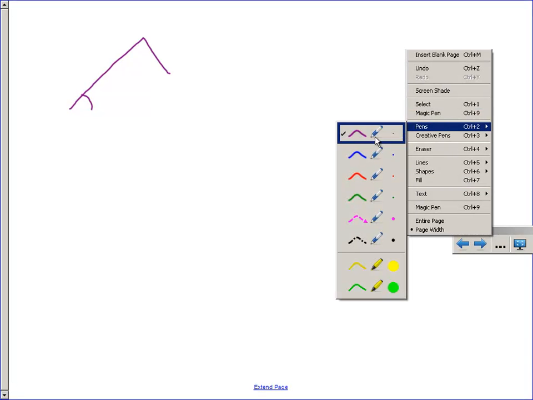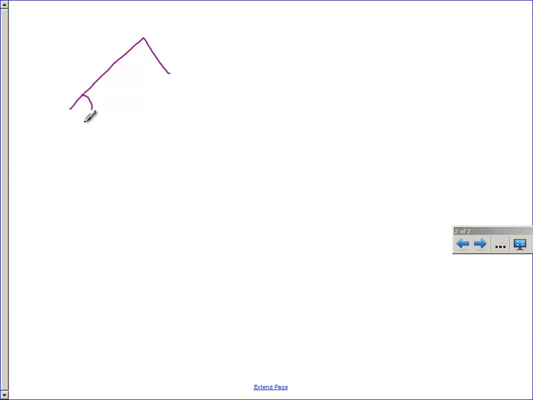So let me just show you why it's ambiguous. If you have a set side, and you have a set angle, and you have another set side length. Now I'm going to change my color here to green. The green is going to represent an unknown side length.